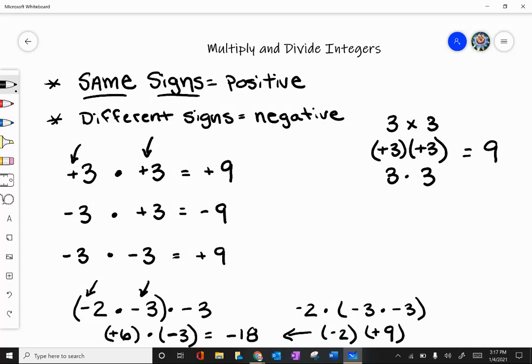So if there are an even number of negative numbers, the answer will be positive. If there's 2 negative numbers that you're multiplying, it'll be positive. If there's 4, it'll be positive. If there's an odd number of negative numbers, then your answer will be negative.